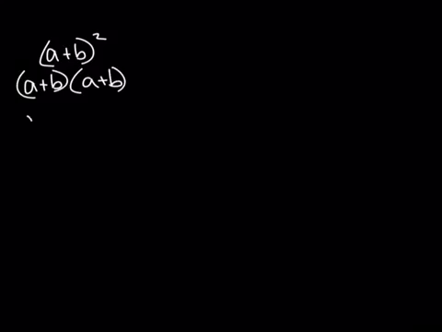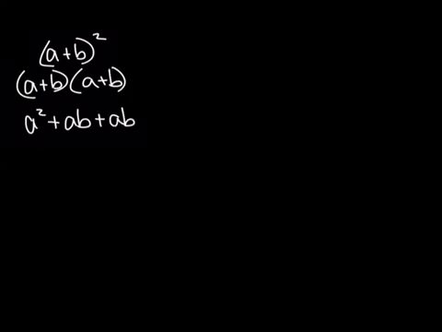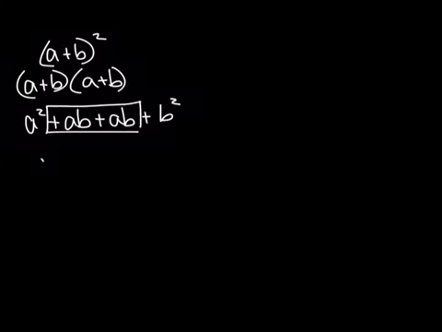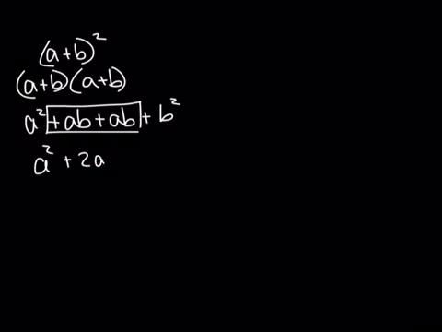So, first, outside, multiply a times b and you get ab. Multiply b times a and you also get ab or ba, but I like to write it alphabetical. Last, you get b squared. Now we can again combine these. And when we have one ab and we add a second ab, we have two ab's.